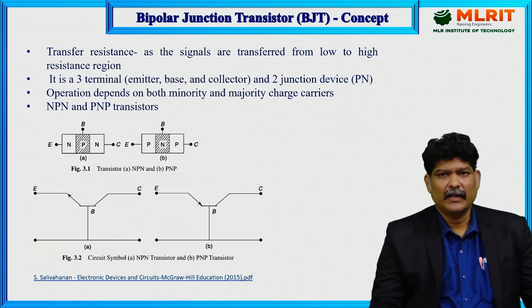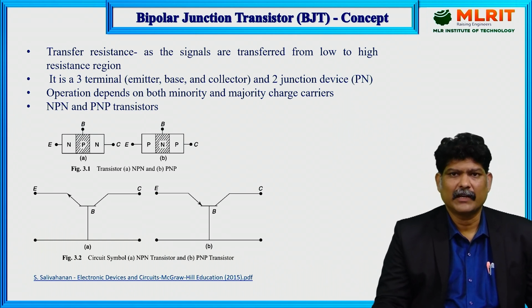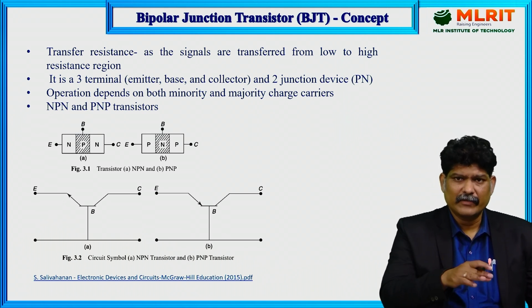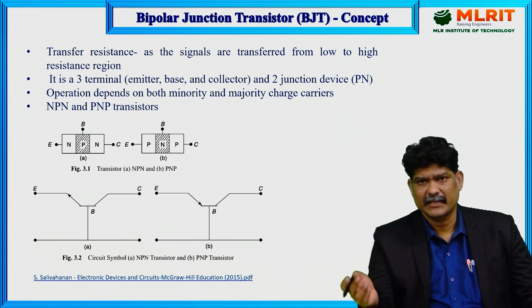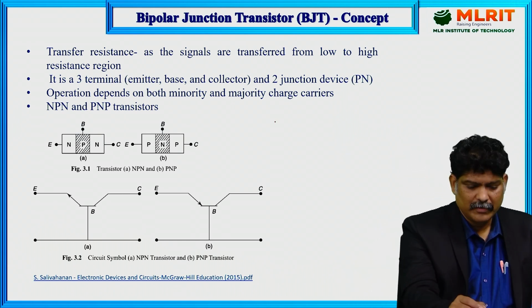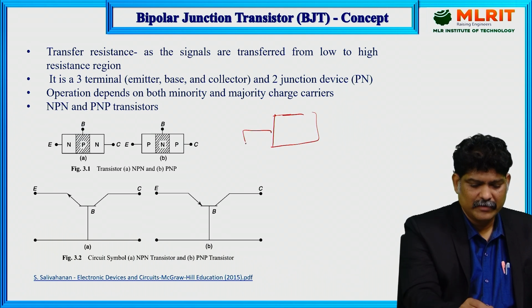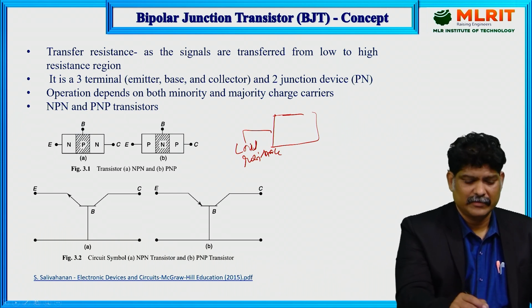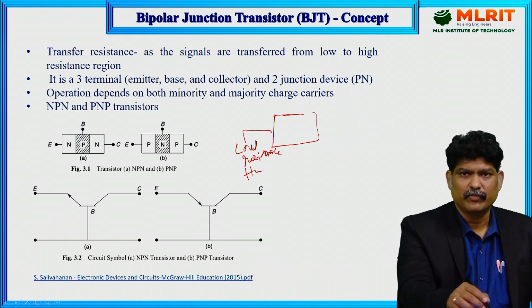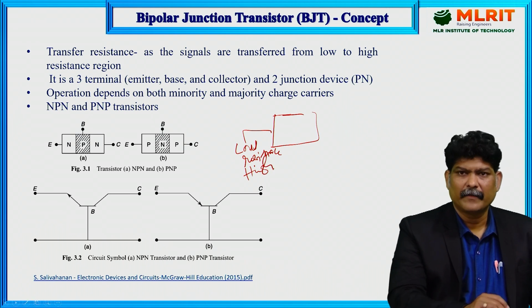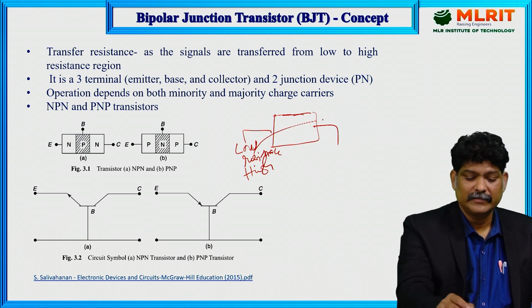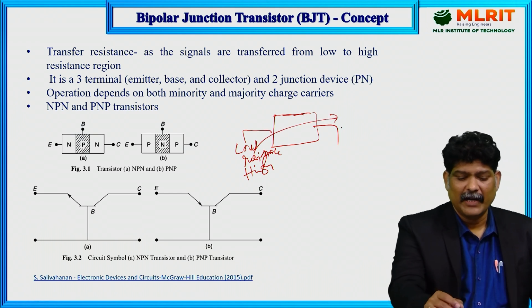First of all, let us know what a transistor is. Transistor means transfer resistance. That means the signals are transferred from a low resistance region to a high resistance region. For example, here this is the low resistance region. Low resistance region means high current, so there is high current flowing through the input, and this signal is transferred to the high resistance region.